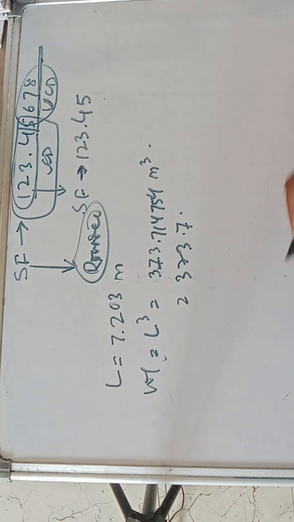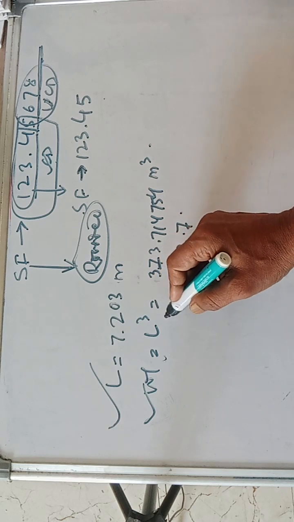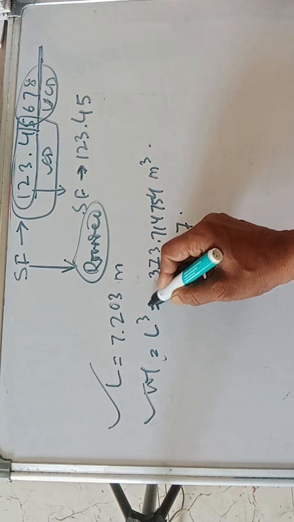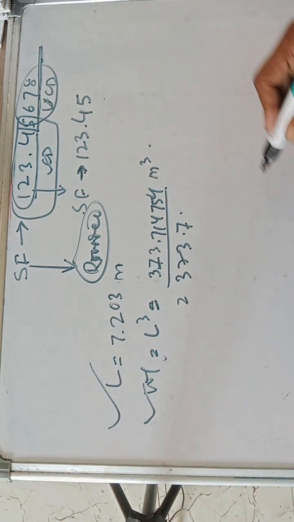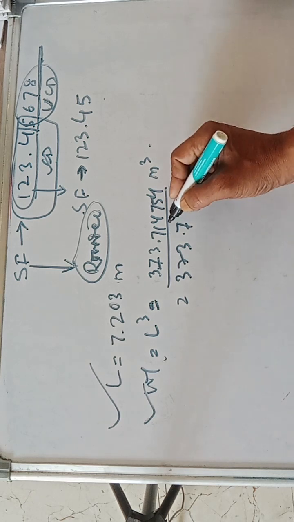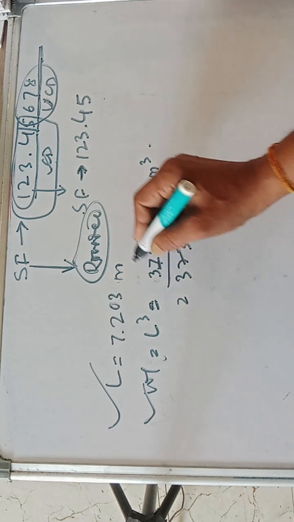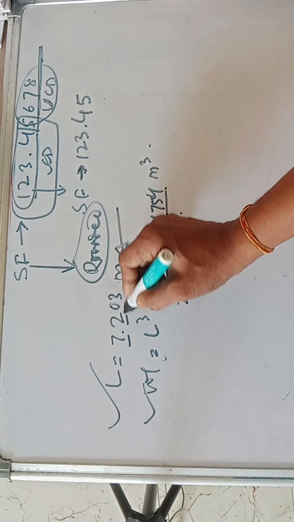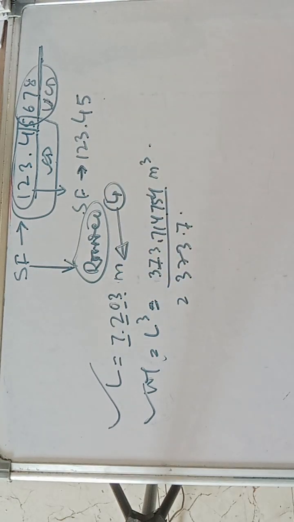That means, suppose for example, if length is given and volume is found, length is multiplied 3 times, and we'll get a very big number like this, with a number of digits after the decimal point. Whereas in this case length has only 1, 2, 3, 4 significant digits.